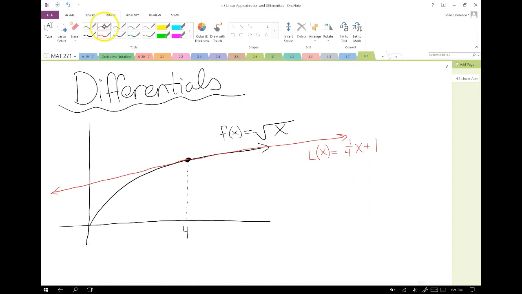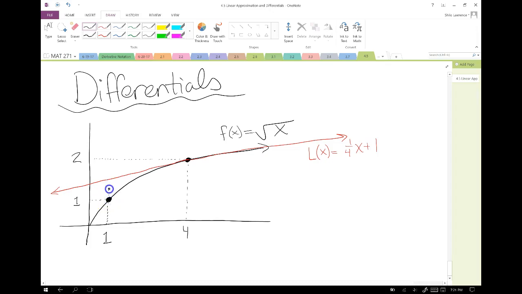So this value here, if we follow x equals 4 to the y-axis, that is f of 4, or square root of 4, which is 2. Now, if I move over to this point, which is 1 and 1, that point is on the square root graph, and the square root of 1 is 1.